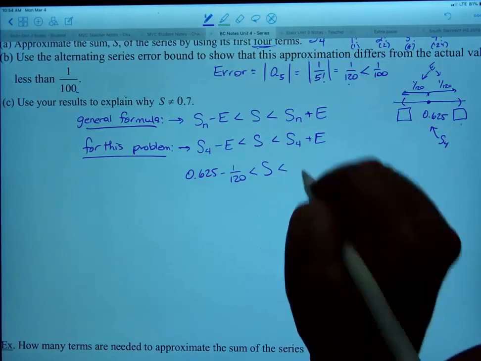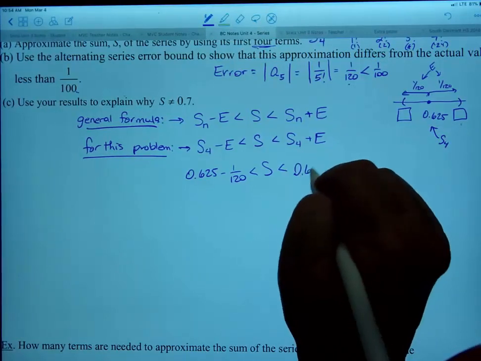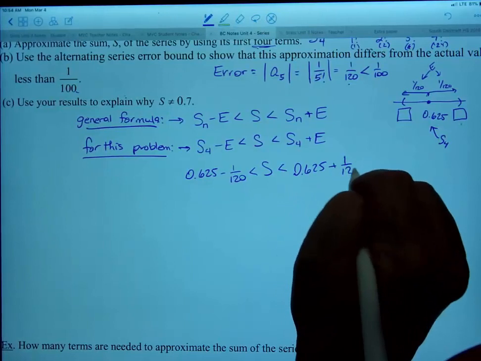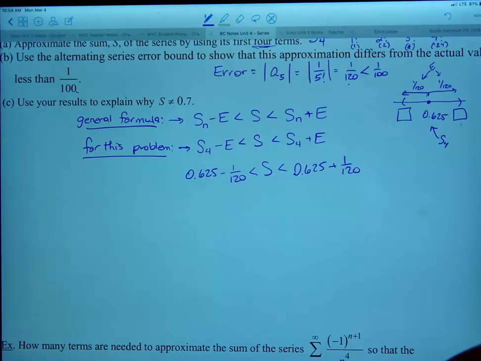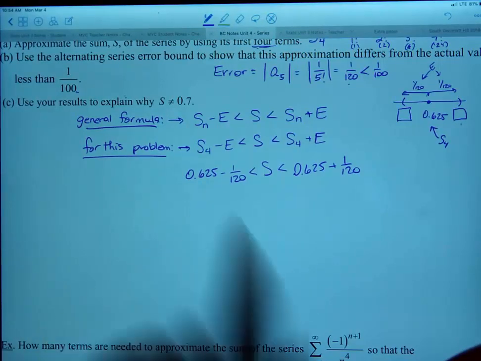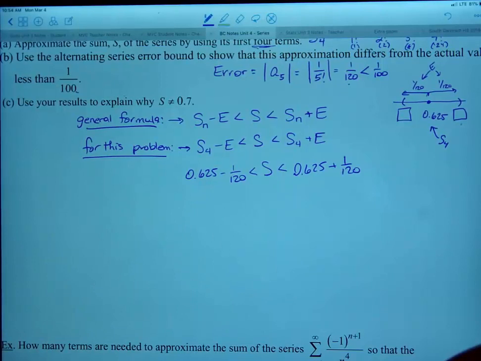And then S sub 4 is 0.625 plus 1 over 120. So, take your calculator, calculate the number on the left, that's the left-hand box, and then calculate the number on the right, that's the right-hand box.